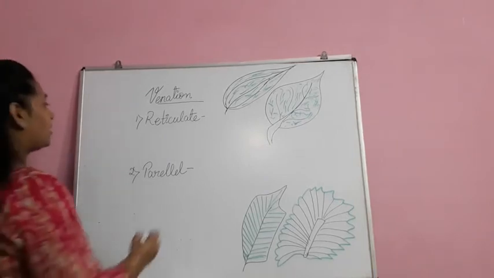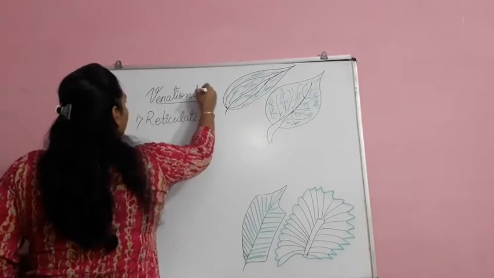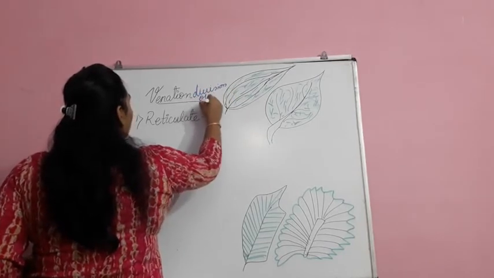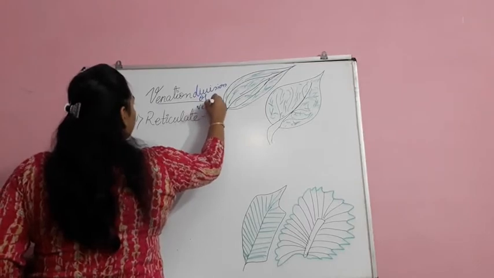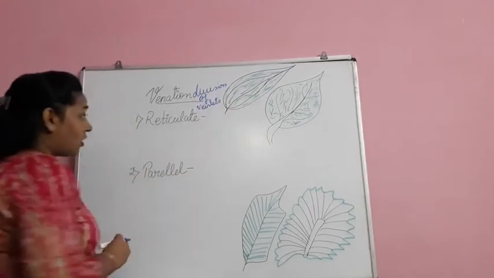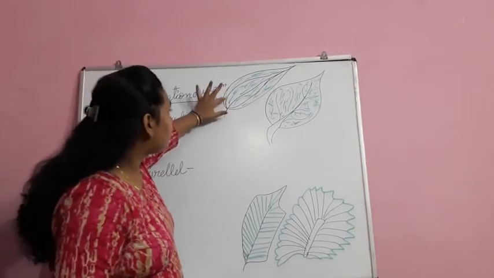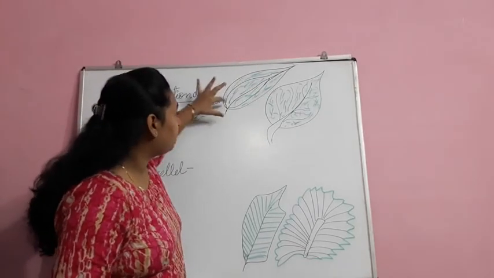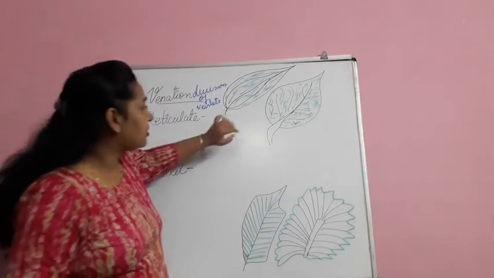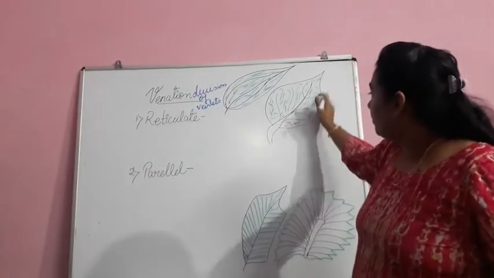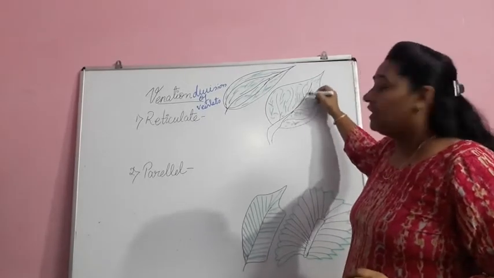Venation is actually the division of veinlets. As you can see in these two pictures I have made, the midrib is in between, and from this midrib so many veinlets are there.